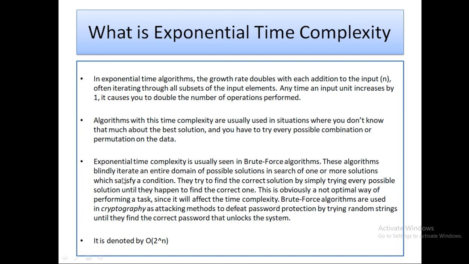These algorithms blindly iterate an entire domain of possible solutions in search of one or more solutions which satisfy a condition. They try to find the correct solution by simply trying every possible solution until they happen to find the correct one. This is obviously not an optimal way of performing a task since it will affect the time complexity.